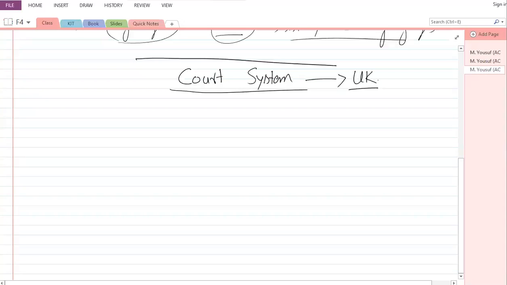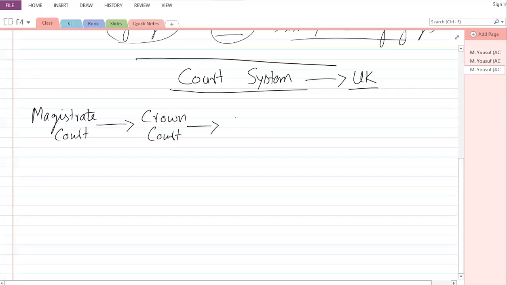So what are the hierarchies available to us? What is the court system in UK? Let's start with the hierarchy of the court. Let's start with the lowest court. The lowest court is the magistrate court. Then there is a crown court.